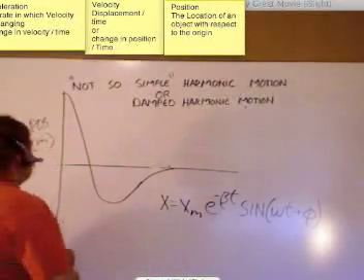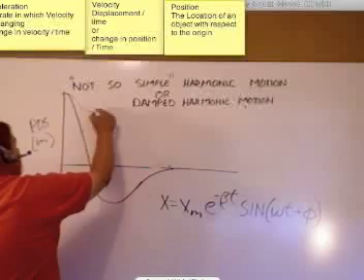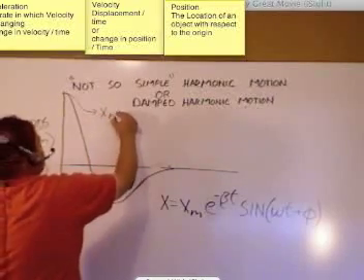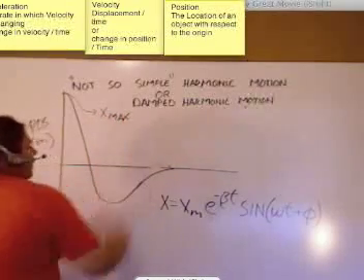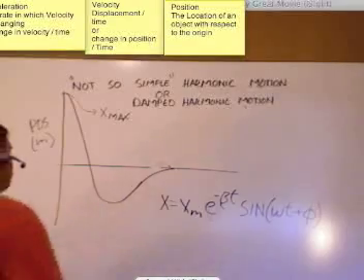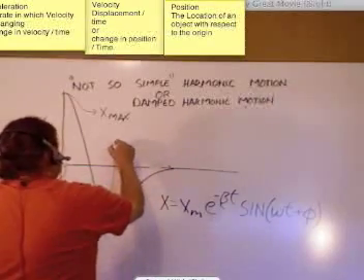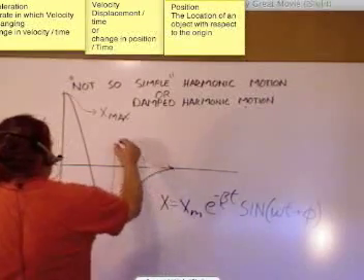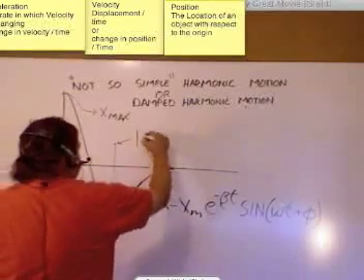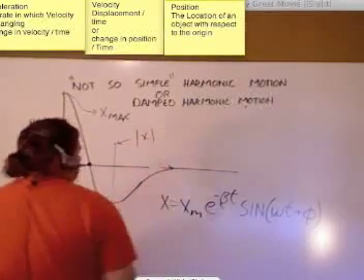Now, to solve for a critically damped system, we do it exactly like we do for an underdamped system, except we need to use this data point, and this data point. This is going to be the absolute value of that x value.